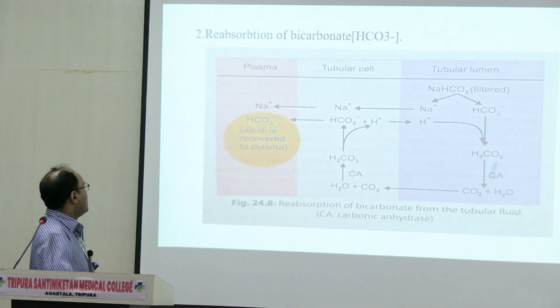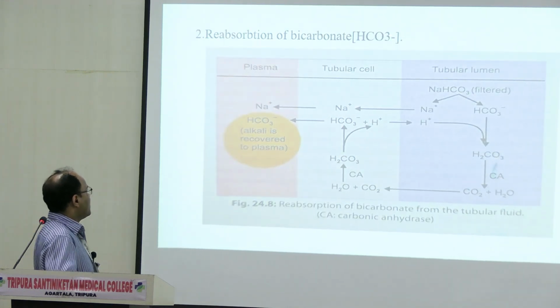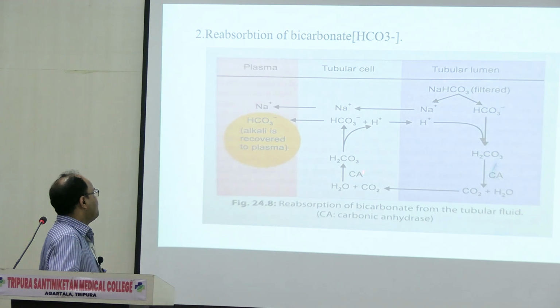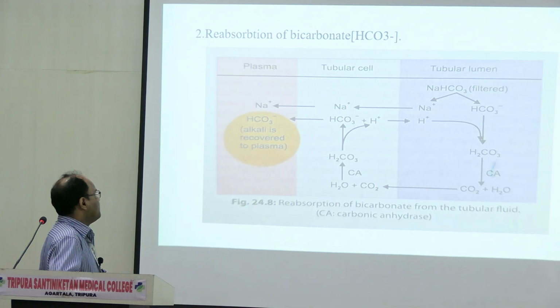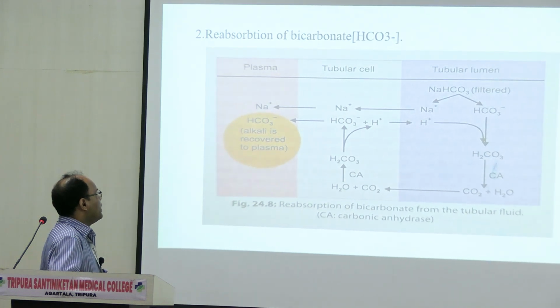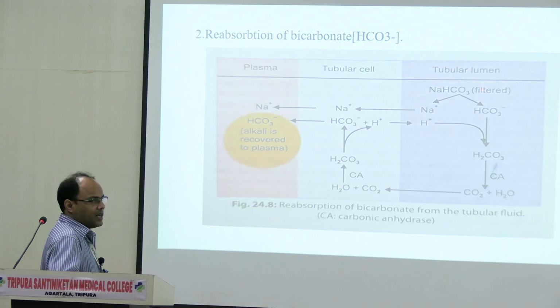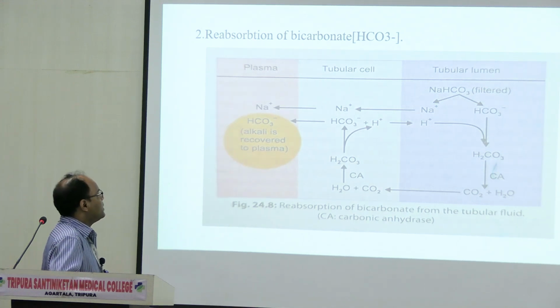Next is reabsorption of bicarbonate. Here bicarbonate is formed again in the tubular cell, and this bicarbonate is reabsorbed by the tubular cell and hydrogen ion is excreted. This hydrogen ion, in the filtered sodium bicarbonate, which breaks down into sodium ion and bicarbonate, reacts with bicarbonate to form carbonic acid.